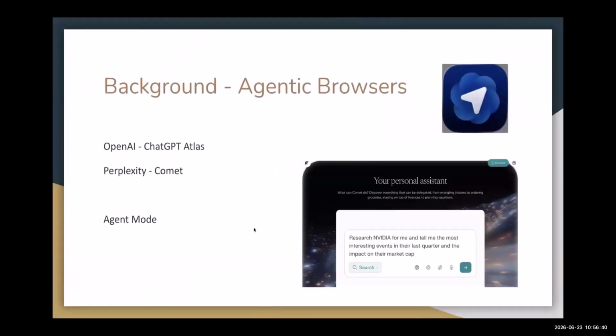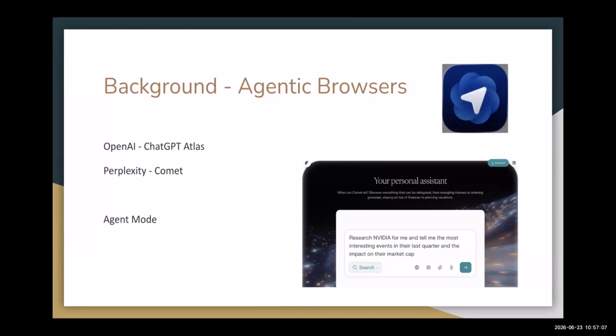So, what are agentic browsers? Agentic browsers are a relatively new concept. They are web browsers integrated with AI agents that can perform tasks with very limited human intervention. They are capable of interacting with websites by clicking buttons, filling out forms, navigating pages, and completing tasks.